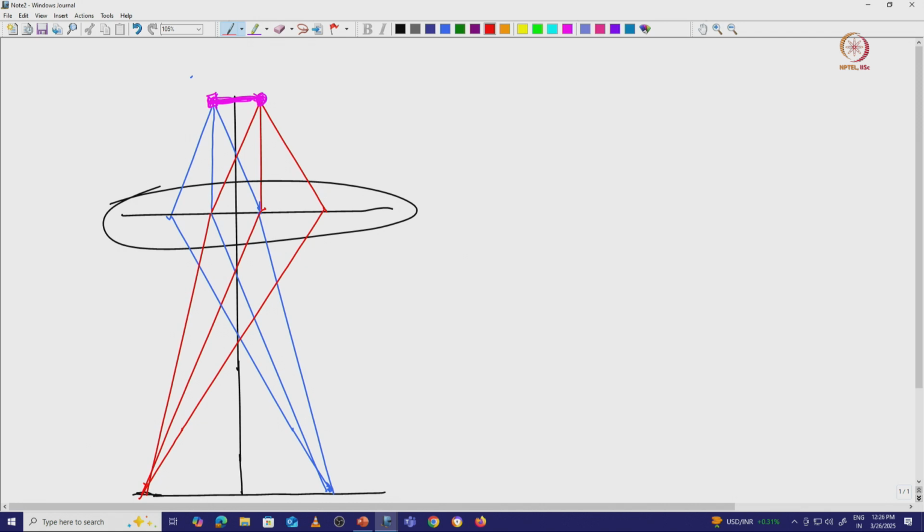Now, we are reaching a very important point. So, in the red point it is coming. This is my sample.